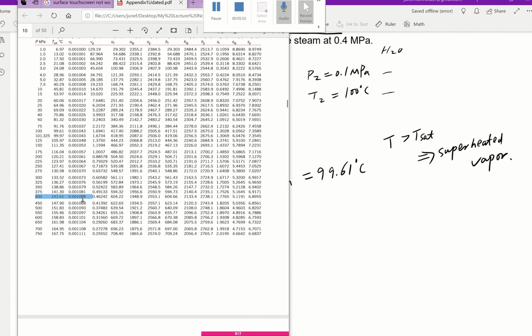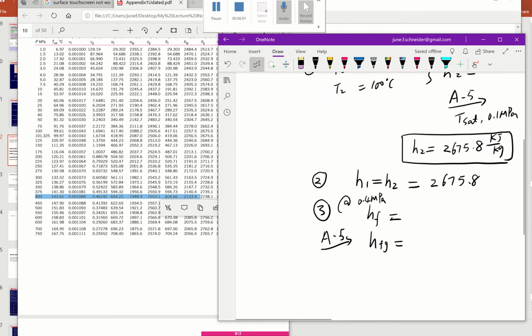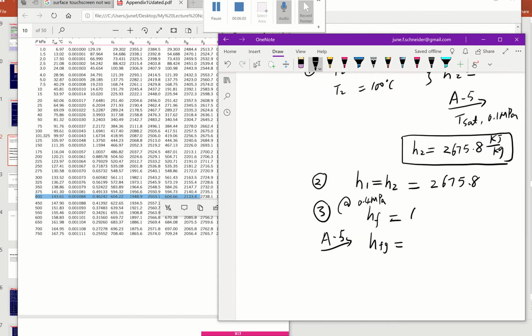This row. Then we can find our HF and HFG. Our HF is 604.66 and our HFG is 2133.4 kilojoule per kilogram.